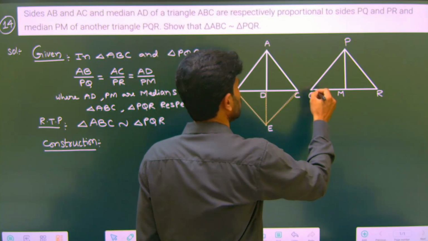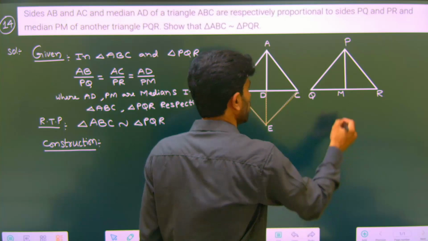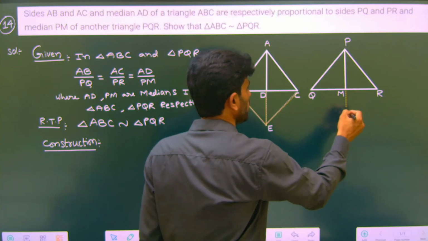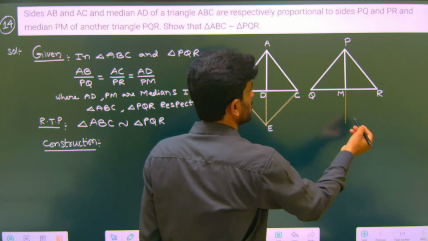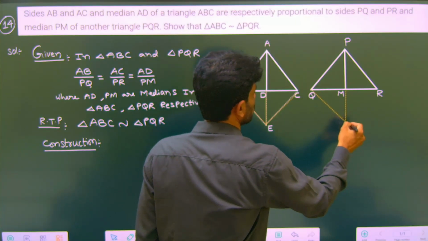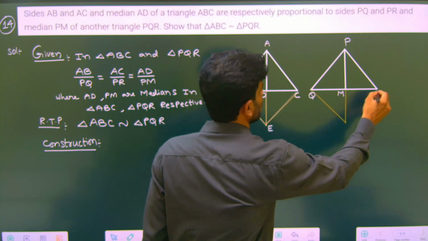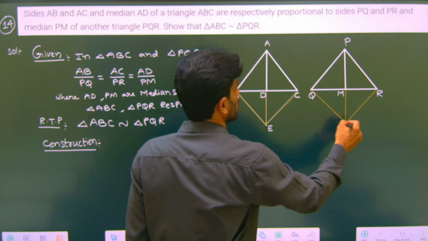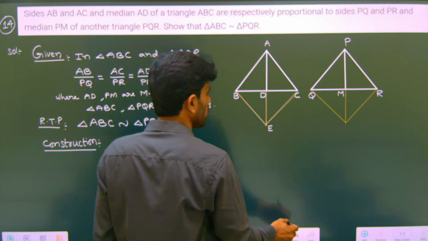Similarly, here also we first extend PM to N such that PM is equal to MN, and then join QN and RN. Like this.